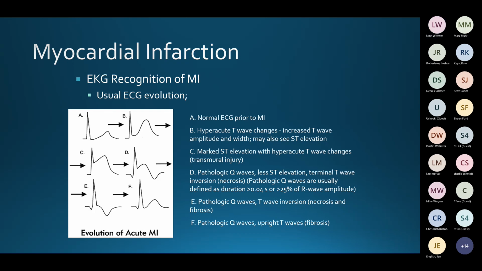And then as this goes on over a period of time, perhaps 6 hours to 24 hours, you'll start to see a Q wave. A Q wave is pathologic evidence of a completed myocardial infarction. In other words, some of the muscle tissue has actually died.